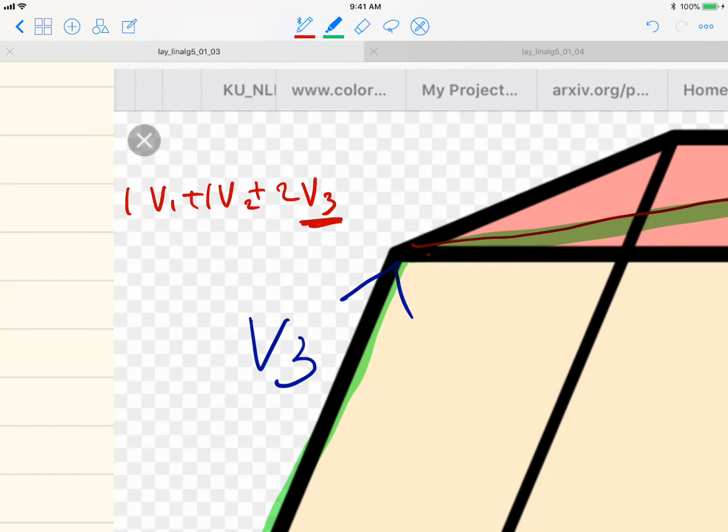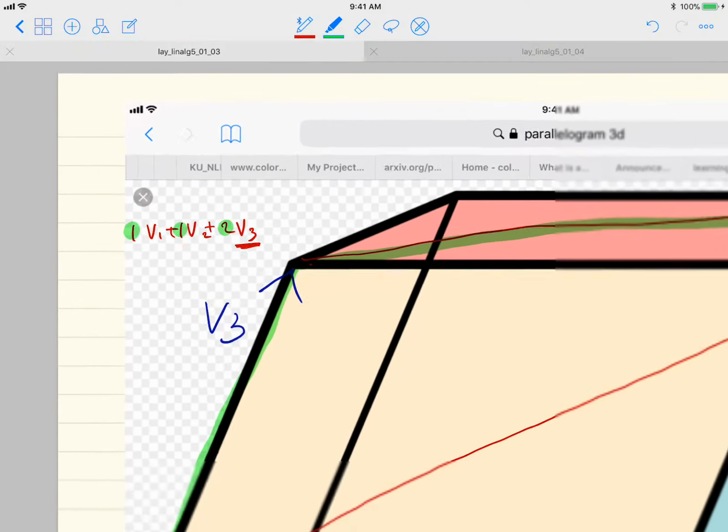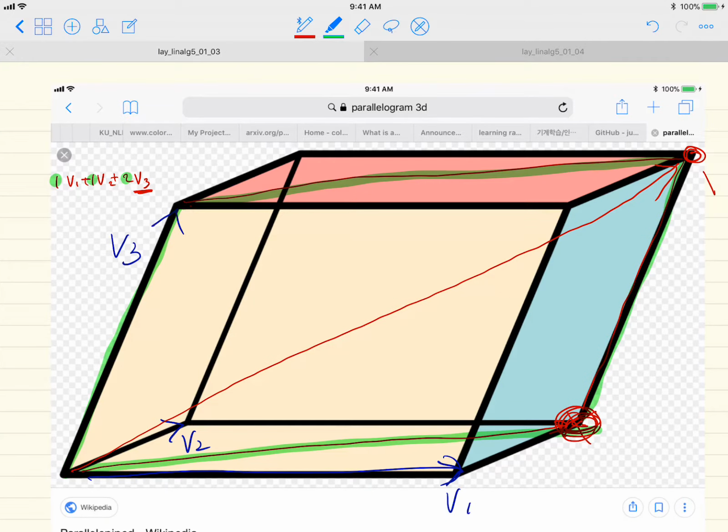Okay, so let's think about linear combinations of these three vectors. In that case, the length of the vertex of this parallelogram will change, but this three-dimensional parallelogram idea will still apply, right?